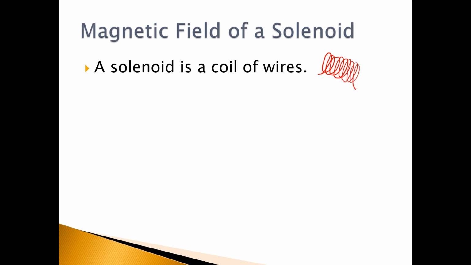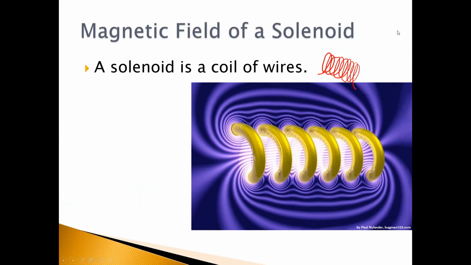I have a picture of a solenoid here. You can use the right-hand rule to also determine where the magnetic field will go for this particular situation, but it just ends up being used in a slightly different manner. Like I mentioned, the right-hand rule has different versions for different problems.